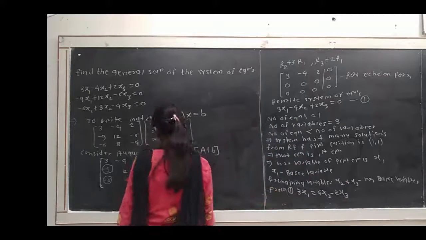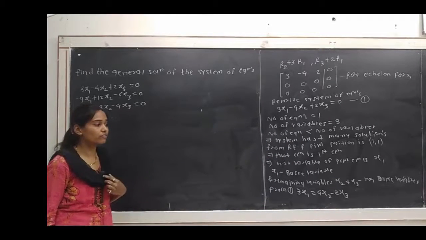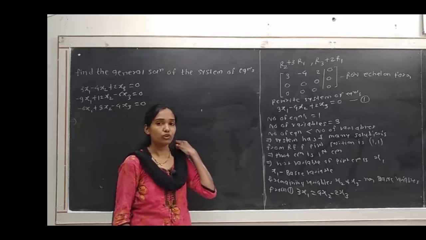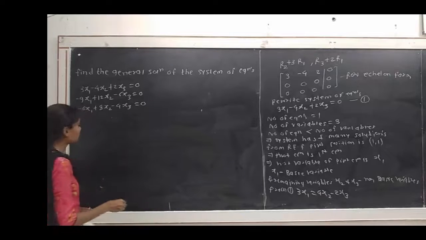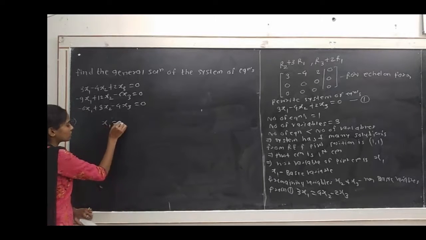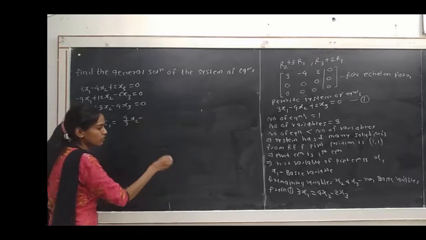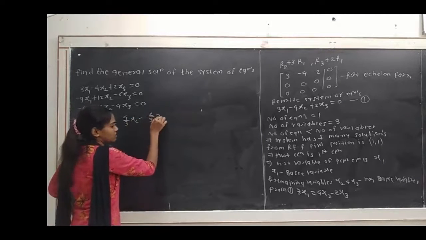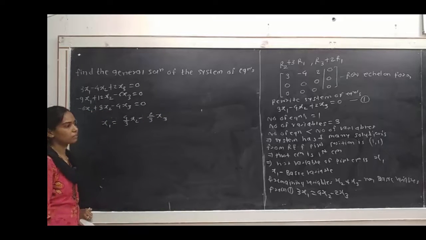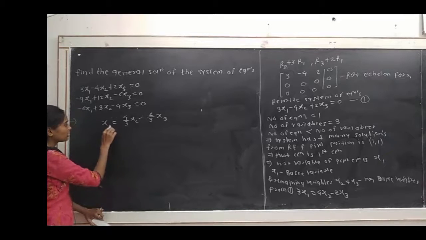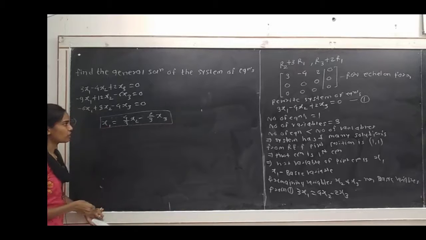Again by simplifying, x1 is equal to 4 divided by 3 x2 minus 2 divided by 3 x3. Here we have only one basic variable, x1, and two non-basic variables, because we have only one equation. We write the value of the basic variable in terms of the non-basic variables.